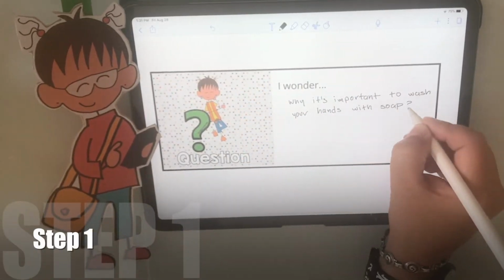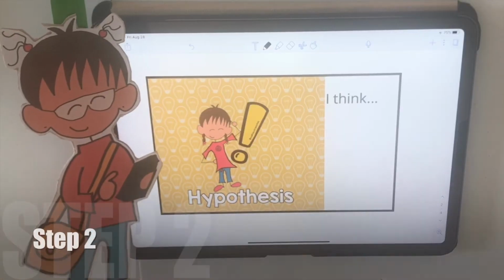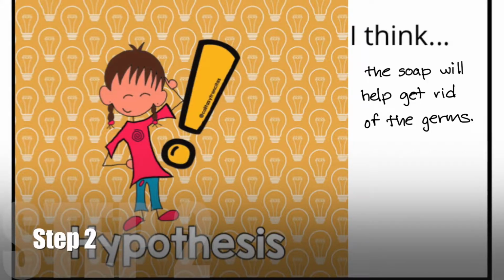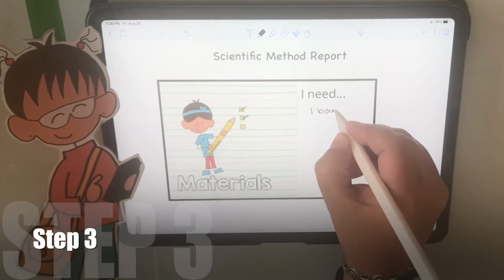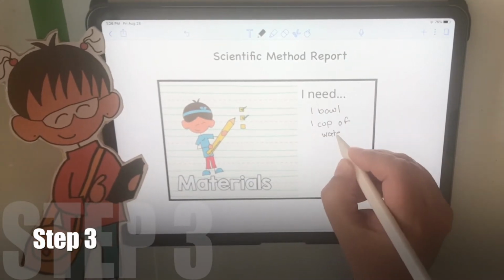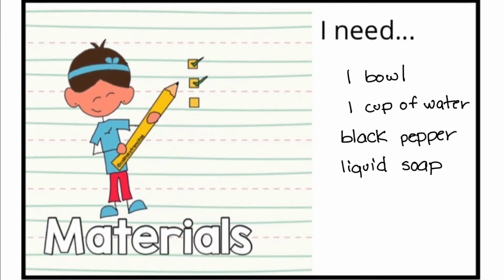Step 1. Question. I wonder why it's important to wash your hands with soap. Step 2. Hypothesis. I think the soap will help get rid of the germs. Step 3. Materials. I need 1 bowl, 1 cup of water, black pepper, liquid soap.